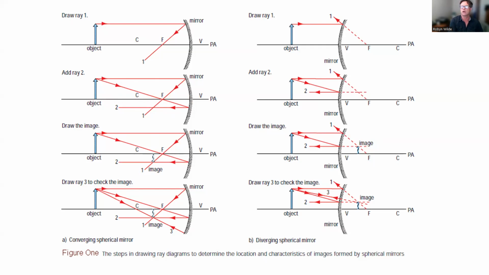Now we could draw a third ray, and our third ray basically is going to just go straight through the top of the image and hit the mirror. It's coming along a radial line here, so it's just going to reflect straight back. And so you can see this third ray. But you really only need the first two rays to draw the image.